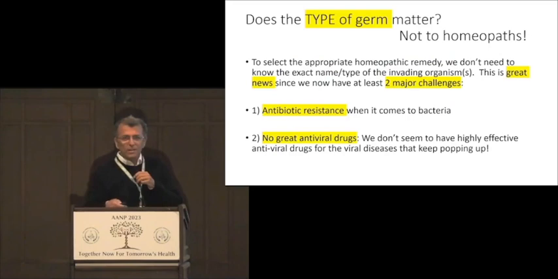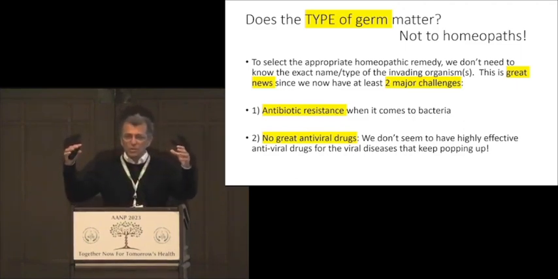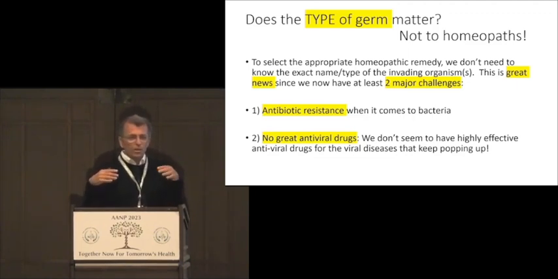Homeopaths are probably the least scared of all because we have a tool in our bag of tools that we can use. And I'm not sure how everybody else is feeling out there. I'm not sure how conventional colleagues are feeling. Probably not too excited about that. In homeopathy, we don't really care about the type of germ. We're looking at the symptomatology that the patient is presenting. We don't care if it's bacterial, viral, fungal. We don't care if it's human flu, bird flu, COVID.